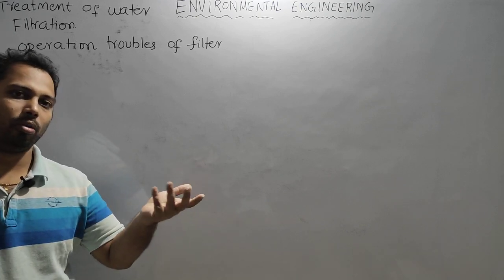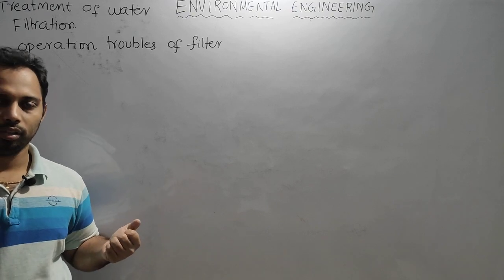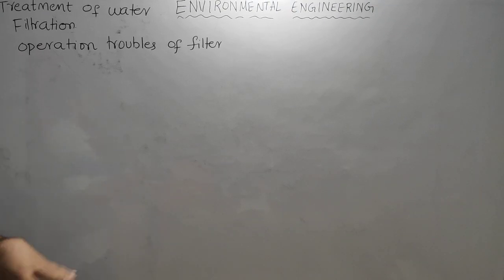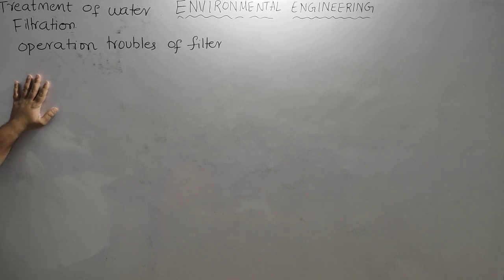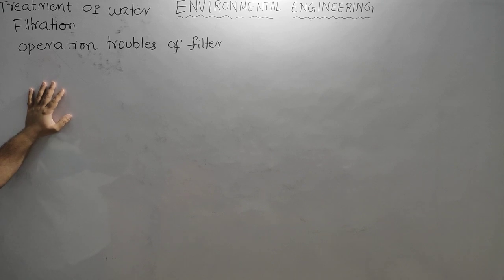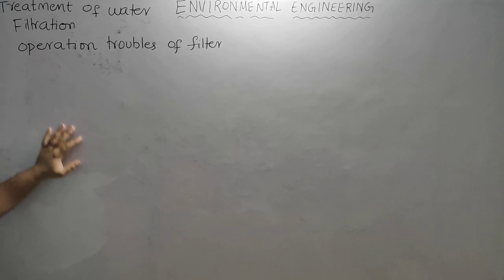The big hole will allow all the impurities out. So once the filter media is cracked, we cannot use it. We need to completely remove the sand and relay the sand. It is like a new commissioning of the filter media. So what is cracking of filter?